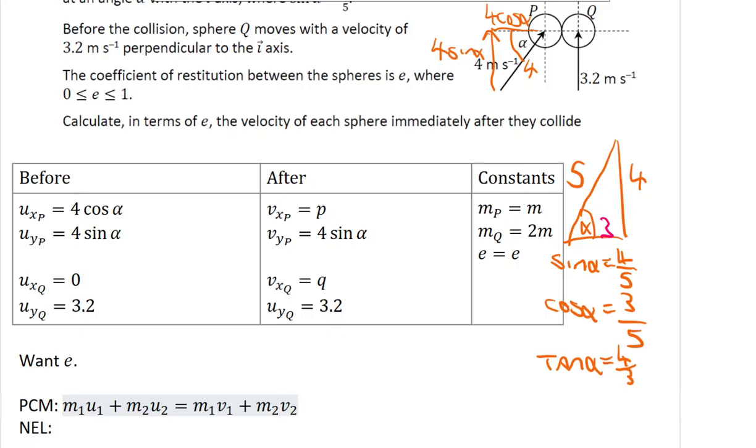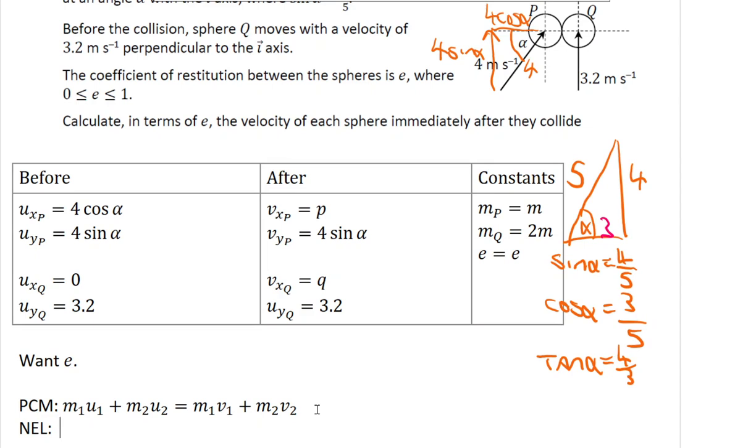And we just need to decide what's 1 and what's 2. So it's P's and Q's or whatever. You decide. I would usually use the thing that I've written first as 1 and the thing I've written second as 2. So in this case, P will be 1 and Q will be 2.